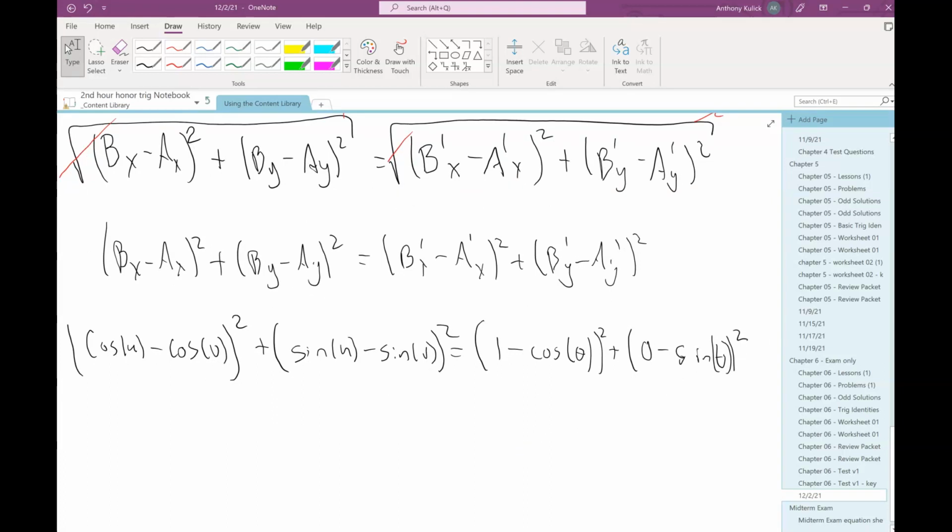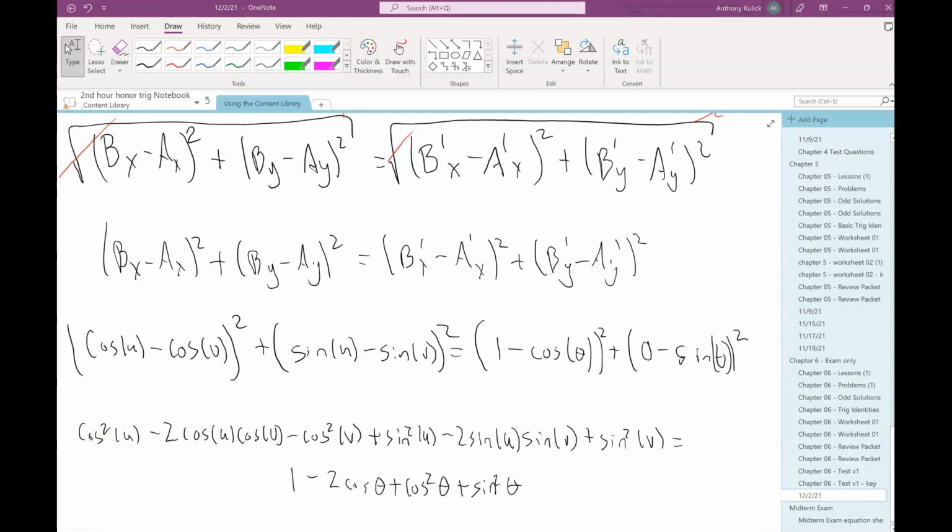And then I'm going to go ahead and FOIL all this out. So we're going to have cosine squared u minus 2 cosine u cosine v. Through the magic of editing, I've gone ahead and expanded that all out. It's plus.